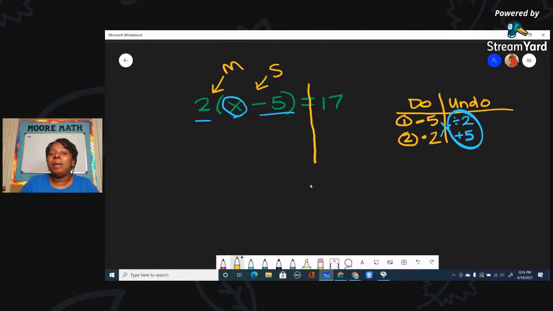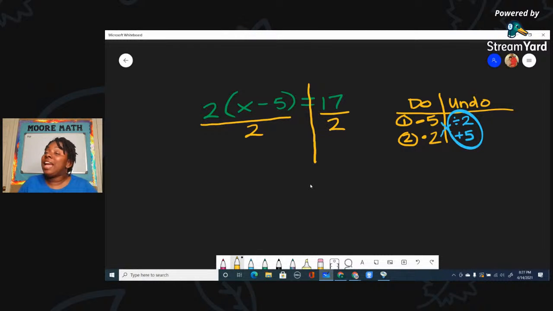All right. Step 1, divide both sides by 2. Ooh, this looks ugly. Watch this. So it was 2 times x minus 5, right? Okay, so it says divide both sides by 2.